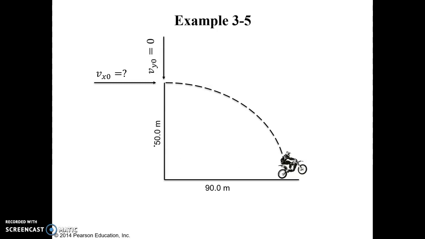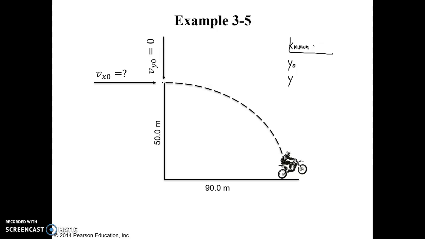So we know the initial y position. So let's just make a note of this stuff. What is known? We know the initial y position. We know the final y position.